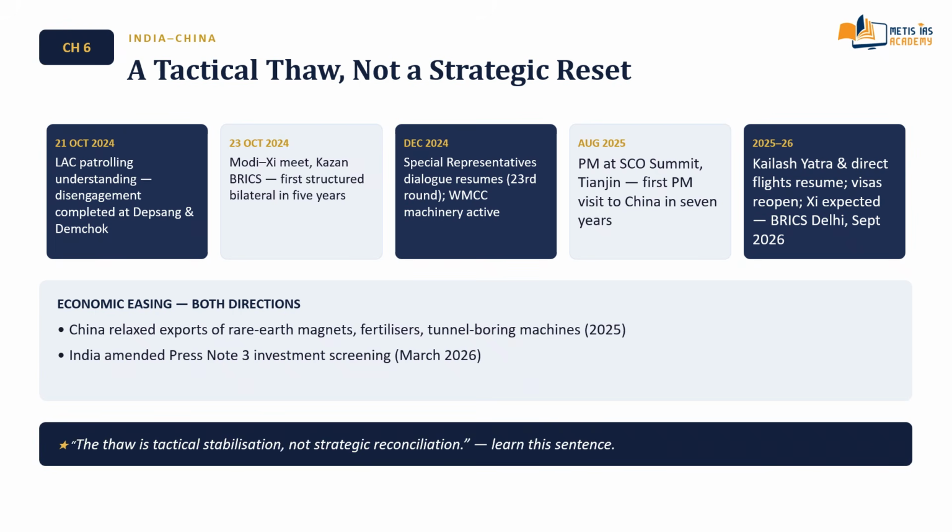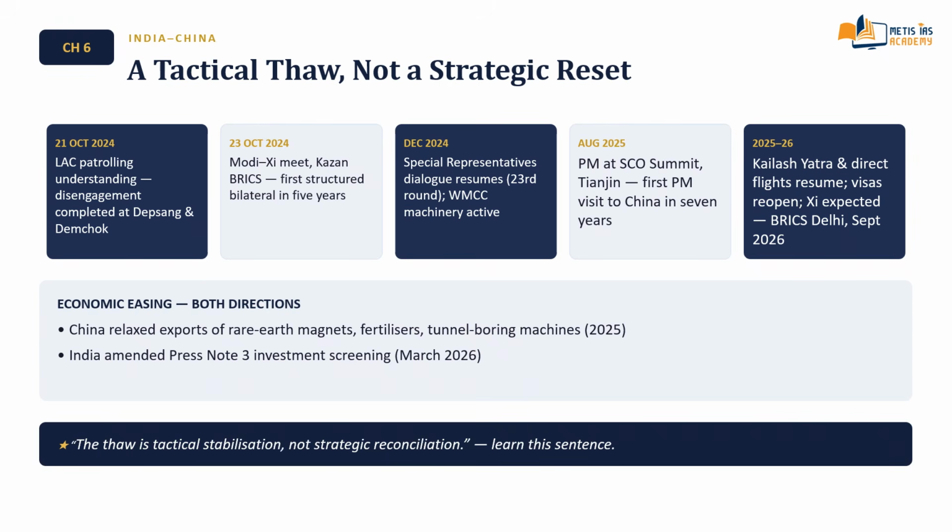The fifth dimension is river water cooperation. This is most important. India and Bangladesh share numerous transboundary rivers. Consequently, water management becomes an environmental issue, a developmental issue, and a diplomatic issue.